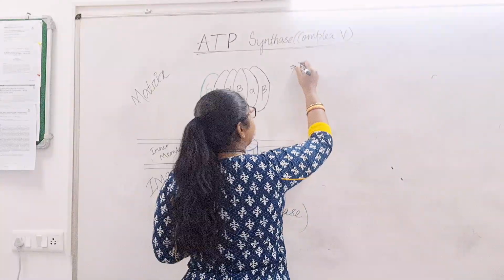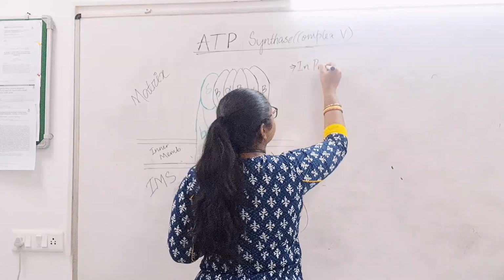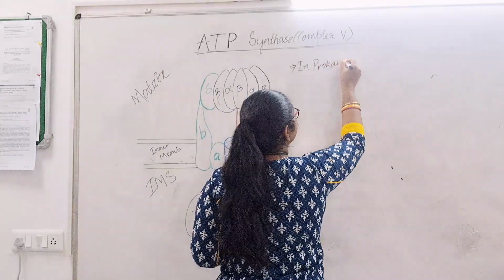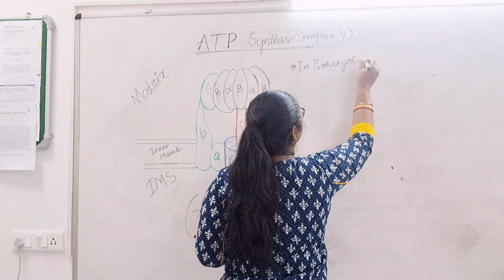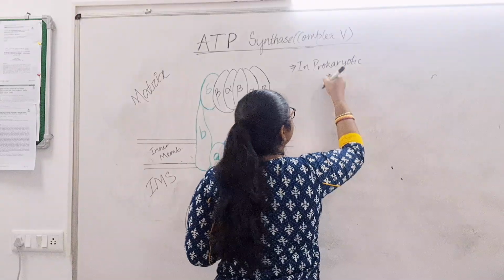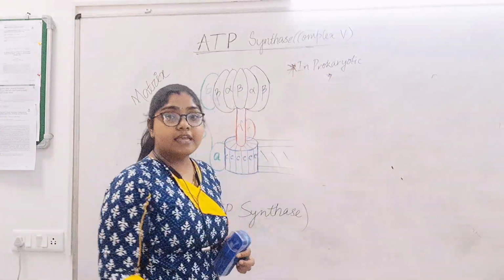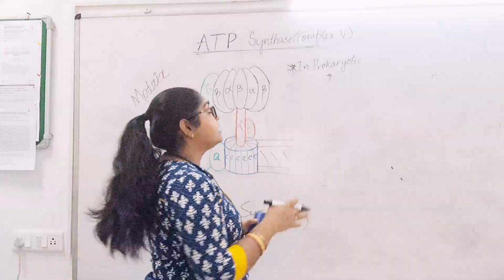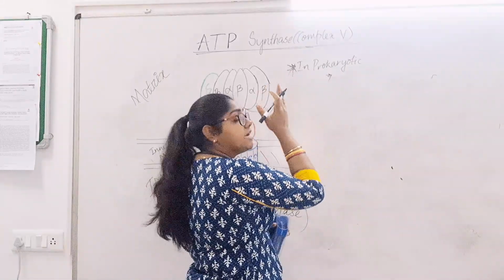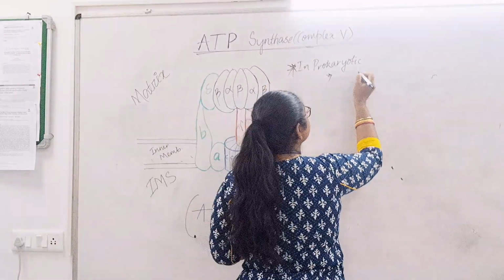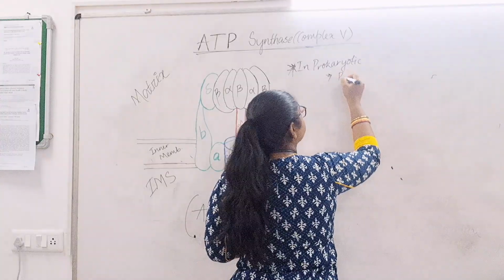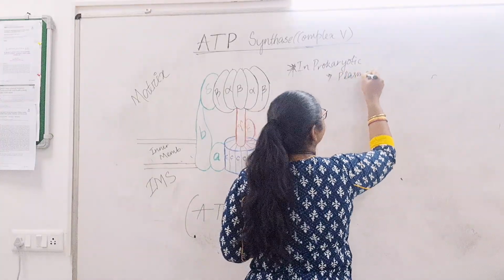In prokaryotic cells or prokaryotic organisms, this ATP synthase lies across the plasma membrane of the cell.